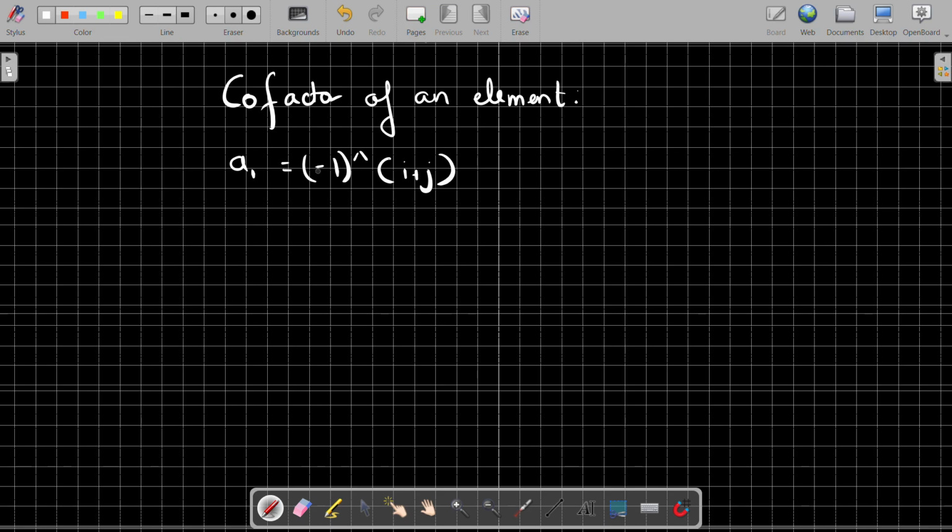So this will be the cofactor of A1: -1 raised to the power i plus j, into B2 C3 minus C2 B3.